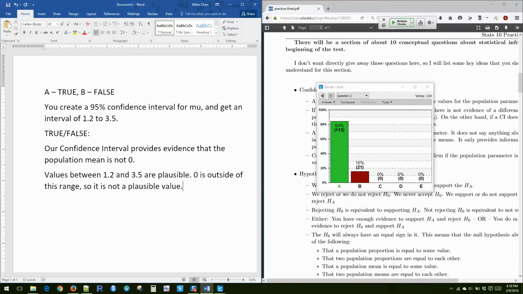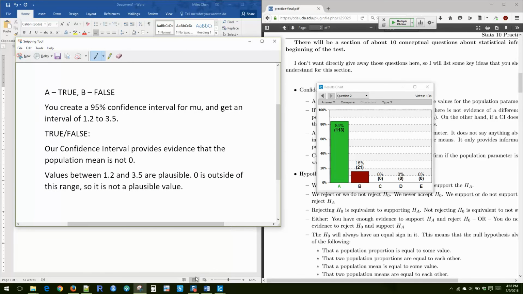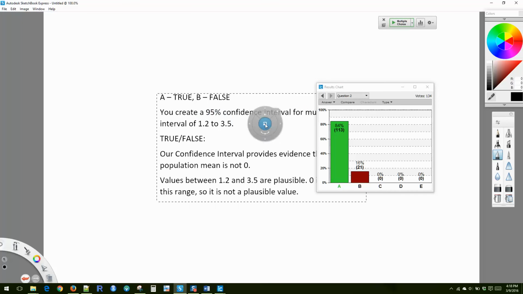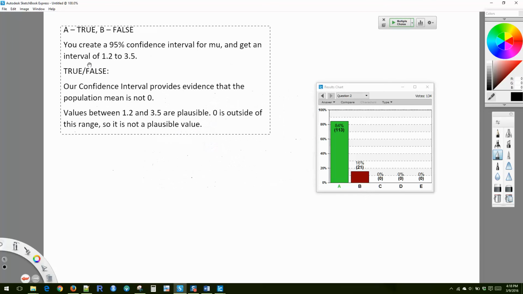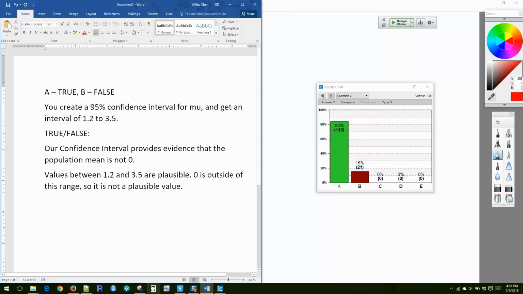All right, I guess I can start clipping these. So this one is true. Okay, we'll do another question regarding our confidence interval.